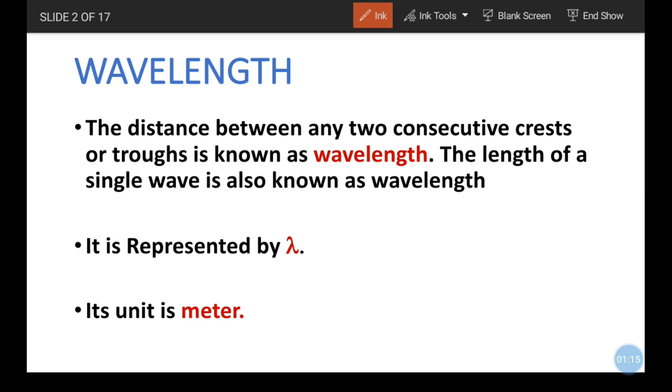As we know that the single wave is like this. This is a single wave. The length of a single wave is also known as wavelength. The length of a single wave like this is also known as wavelength.